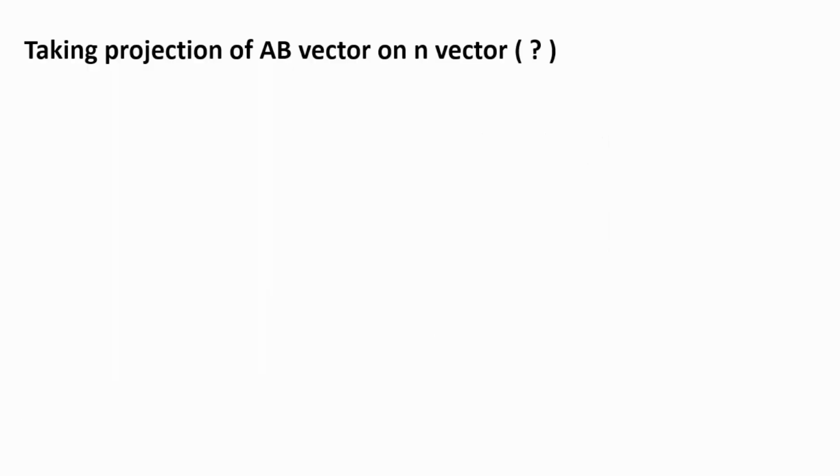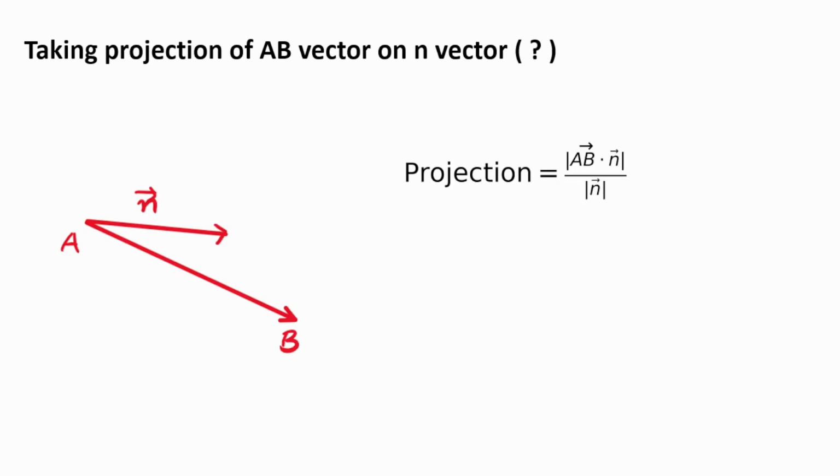Finally, let us take the projection of AB vector onto n vector. This projection is going to give us the closest distance between the two drones. Now using the projection formula of one vector on another vector, the projection or the closest distance would be given by modulus of AB dot n vector over modulus of n vector. Now what is AB vector?